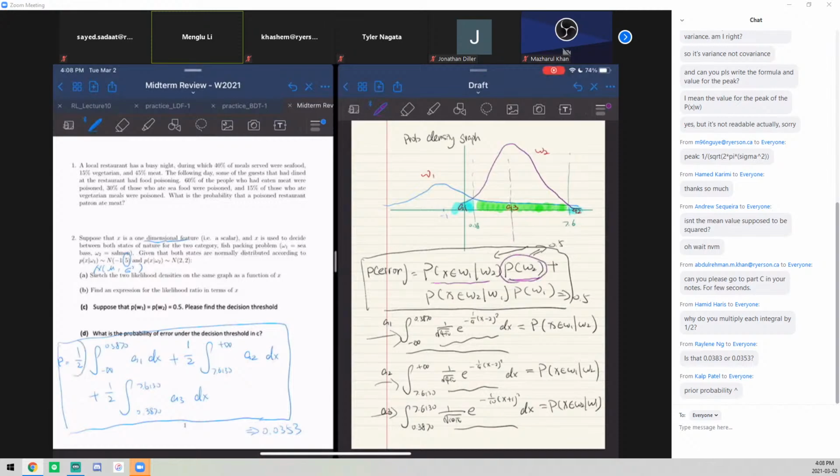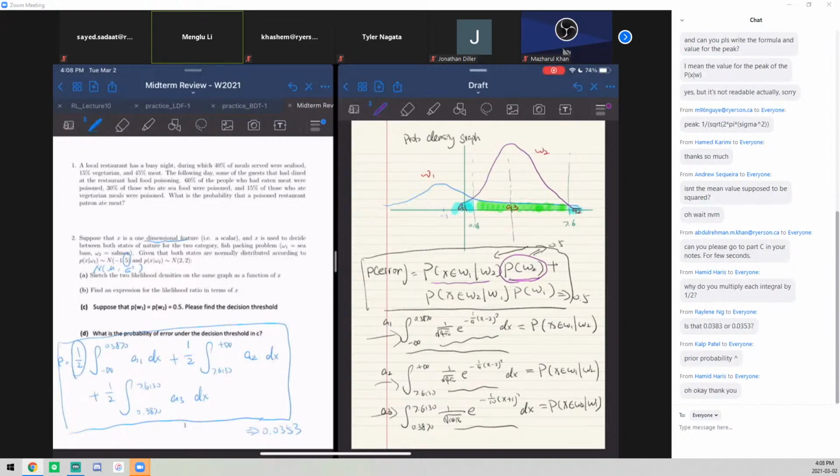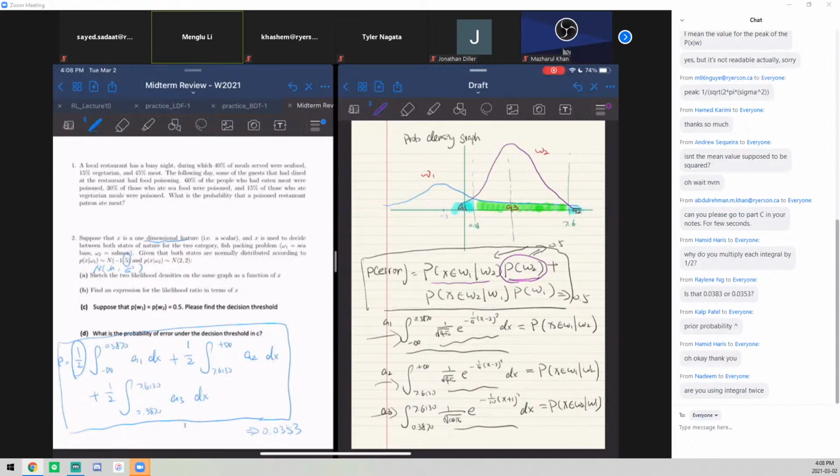In here, we need to multiply by the prior. The area is just the likelihood. And the final answer is 0.0353.